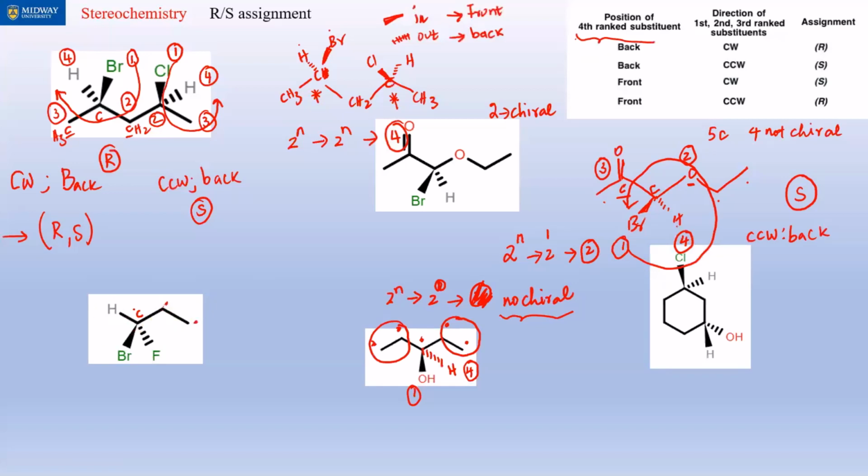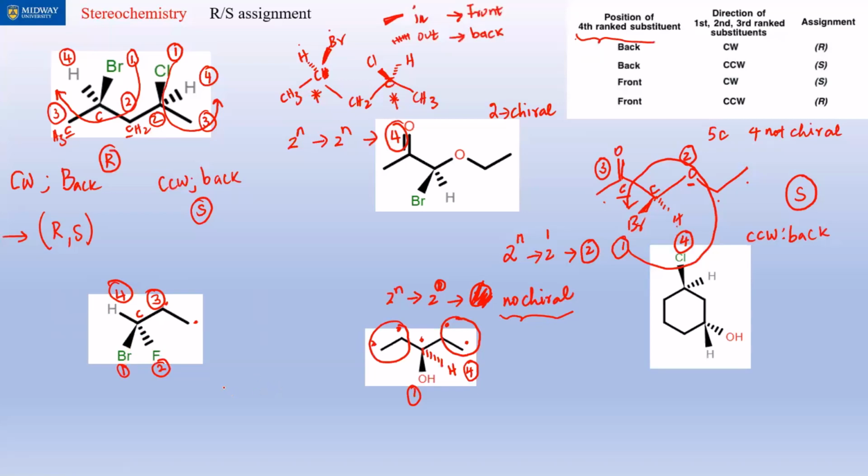This carbon is chiral, but we cannot assign R or S right away because if you think about it, this is 1, and this is 2, this is 3, and this is 4. Your lowest priority group, which is 4, must be either in the front or back position, so we cannot assign R or S yet.